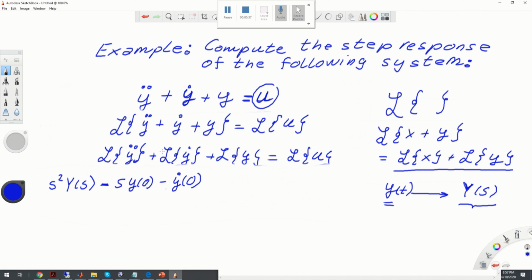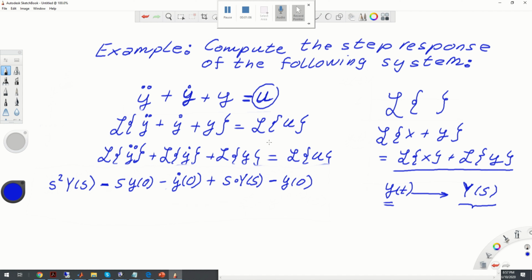Good. Let's compute the Laplace transform of the first derivative. Well, the Laplace transform of the first derivative becomes s multiplying y of s minus what? Minus, since here it is s to the power 1, the next term is s to the power 0, it's 1, and it's the value of the function at 0.